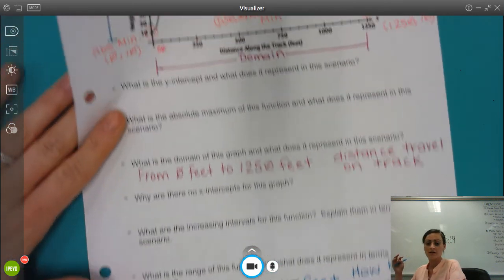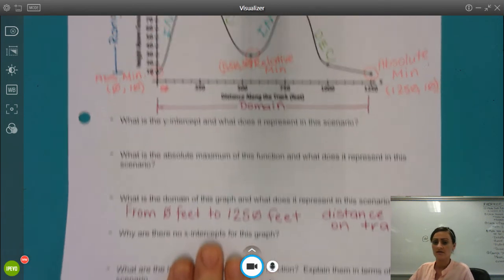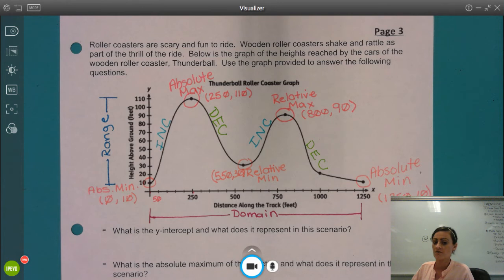So our domain, our input values, tell us how far we have traveled along the track of our roller coaster. And our range values tell us how high above the ground we are.